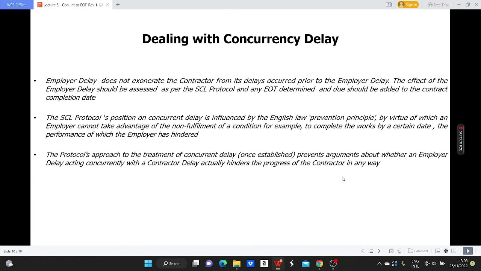The protocol's approach to the treatment of concurrent delay, once established, prevents arguments about whether an employer delay acting concurrently with a contractor delay actually hinders the progress of the contractor in any way. Thank you.